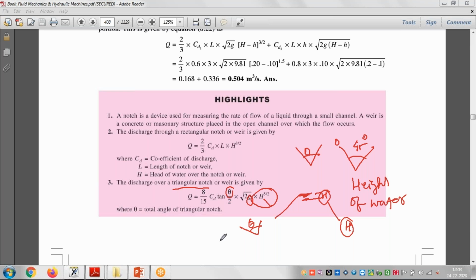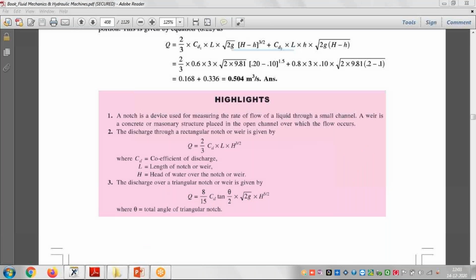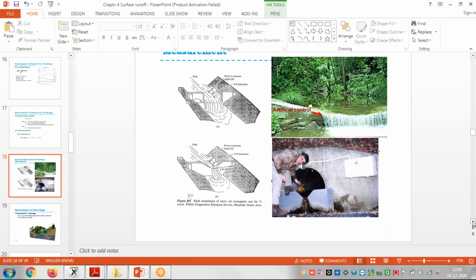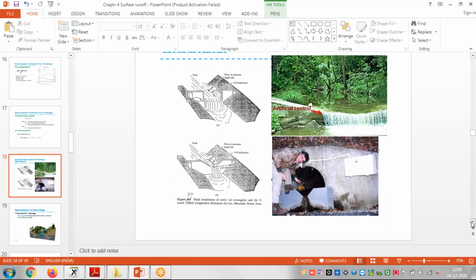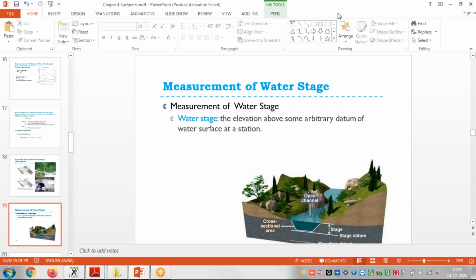We know the G value is 9.81 and the CD value is also fixed for the triangular notch. That is already given, somewhere this value is fixed. So through this we can calculate the discharge, right? Is this okay now? Is it clear how we can measure the discharge through an artificial channel?